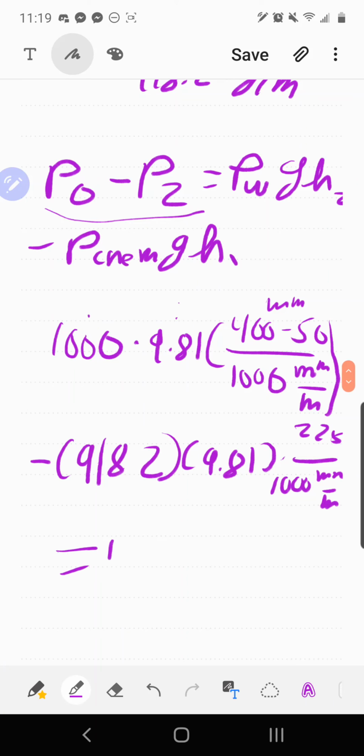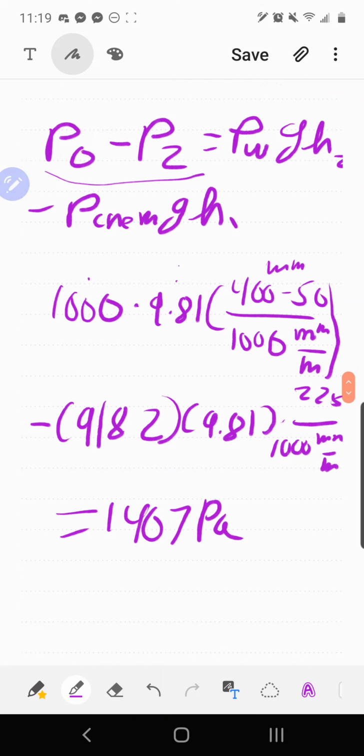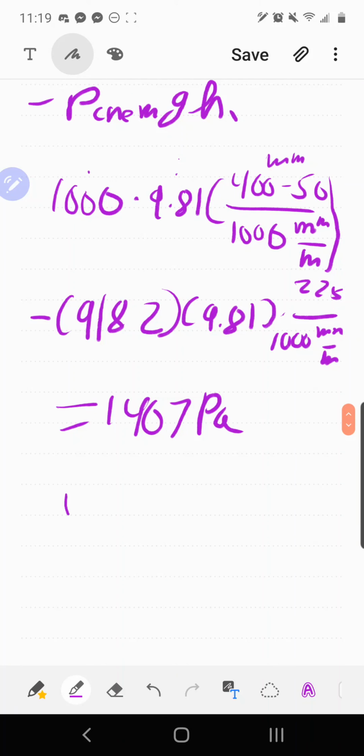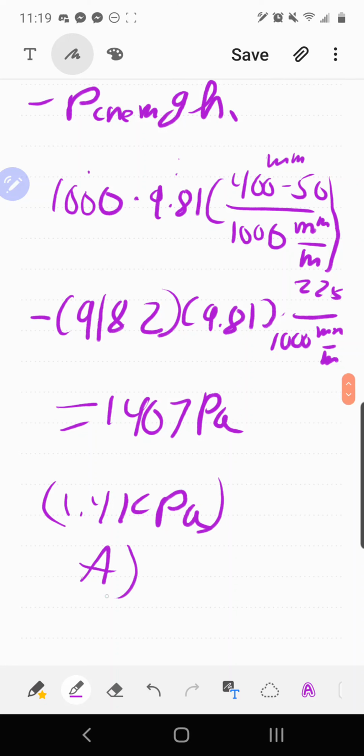This will equal 1407 pascals, which is most closely correspondent to 1.4 kPa, which is answer choice A.